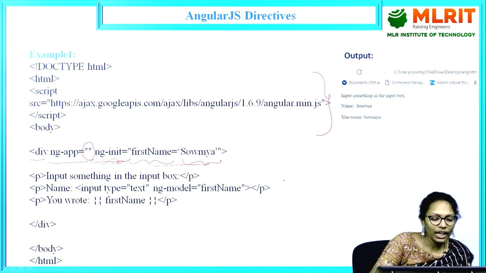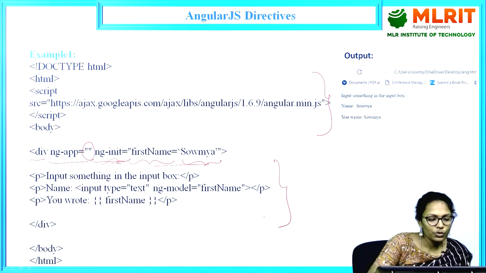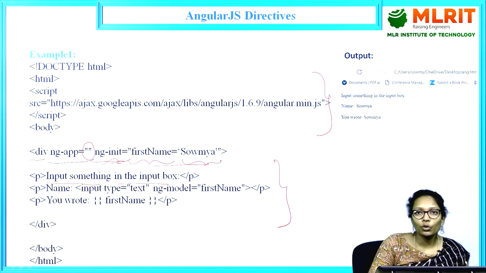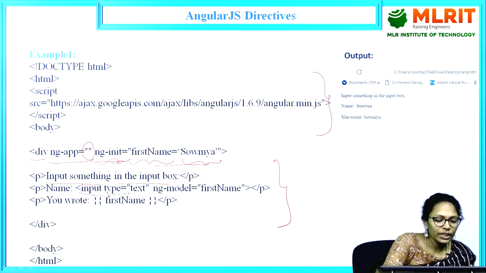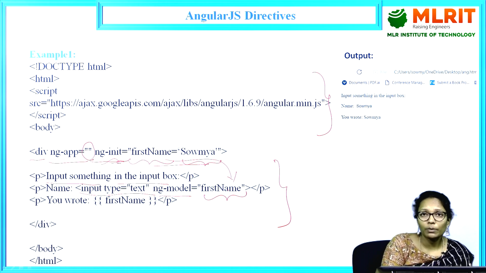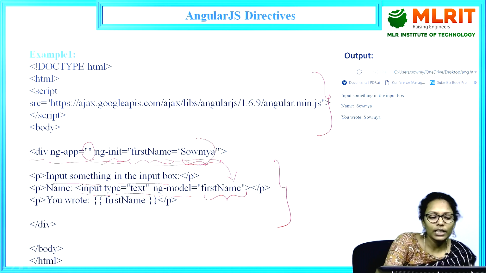So now I have three paragraphs here. In the three paragraphs, the first paragraph will print: input something in the input box. So they are going to give an input box, you need to give some input over there. After that, one text field you are creating. So what is the ng model name? The same variable name you are using here, first name. The same variable name, that means for the variable you have already given input. What is that input? Sowmya.